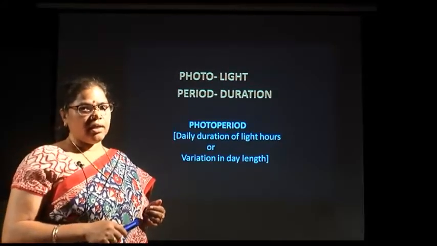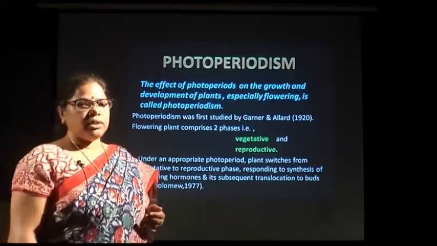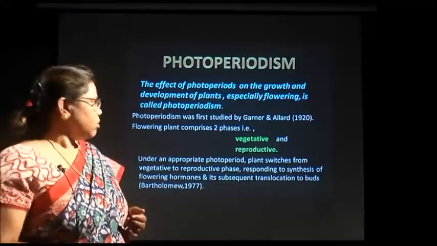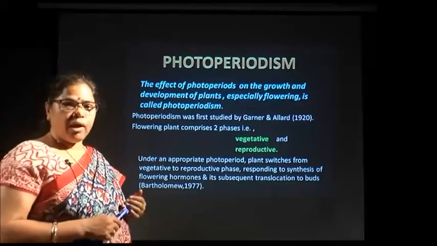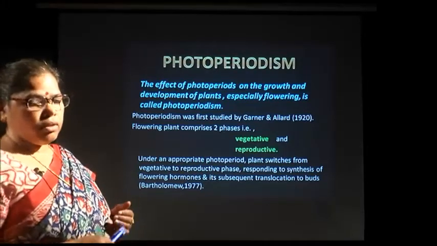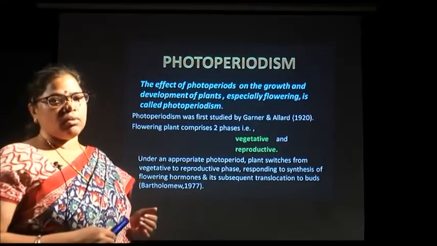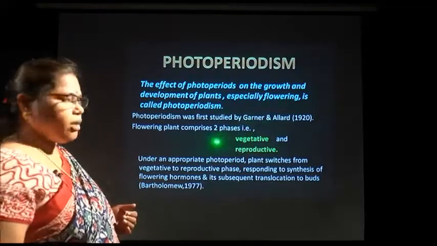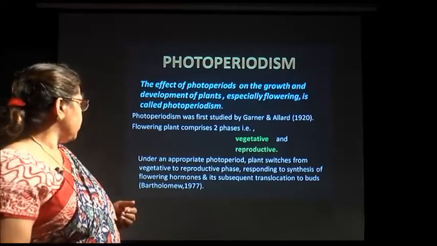Then photoperiodism is the effect of photoperiod on the growth and development processes, especially the flowering processes. When the duration of light affects the flowering process, that is known as photoperiodism. It was first studied by Garner and Allard in 1920.